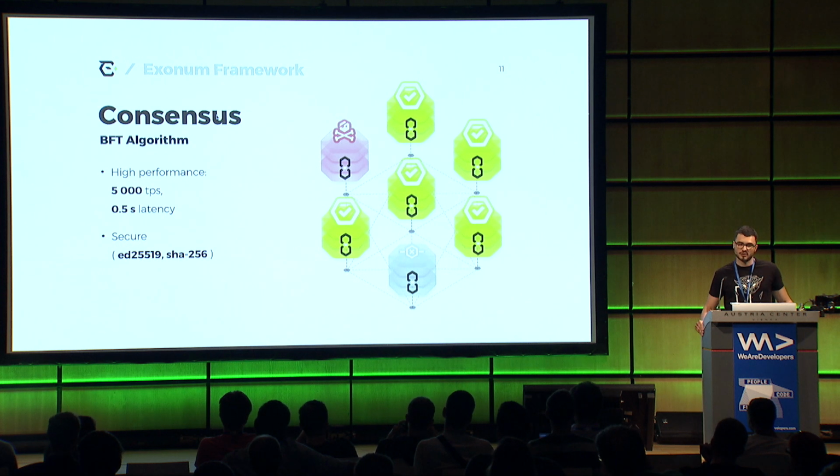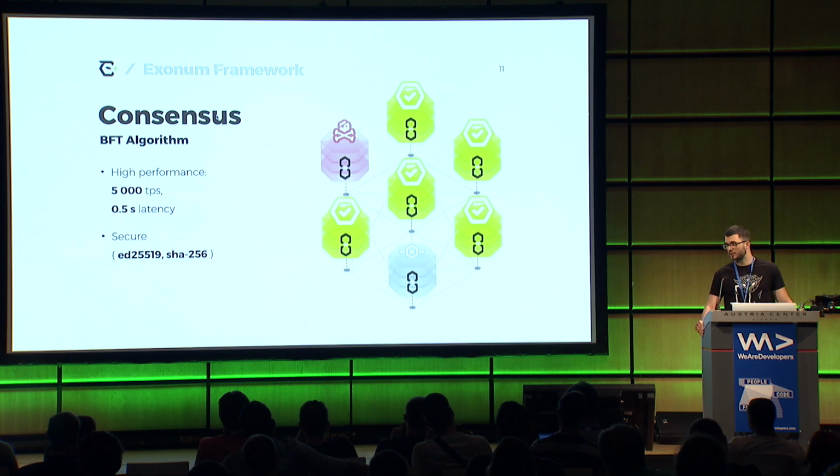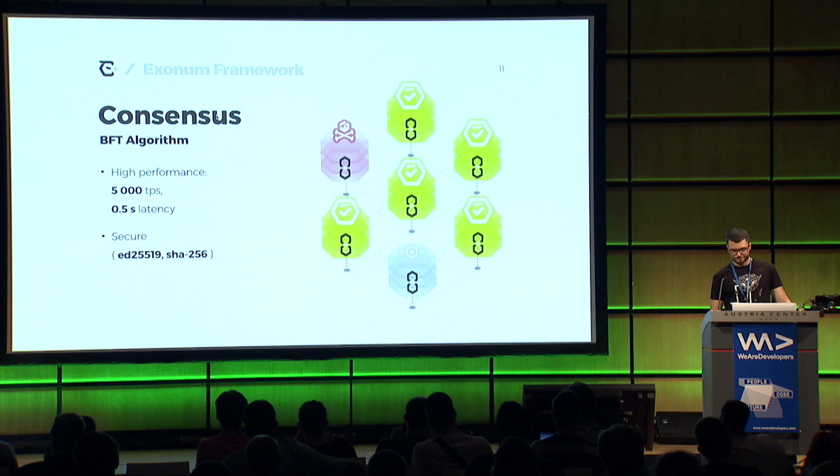We are processing around 5,000 transactions per second, and we have 0.5 latency of block generation. As for security inside of the blockchain network for message sharing, we use digital signature based on elliptic curves ED25519 and also classic SHA256.